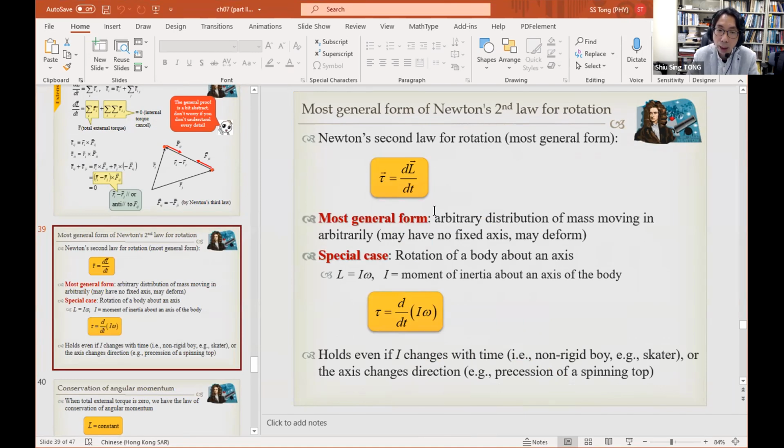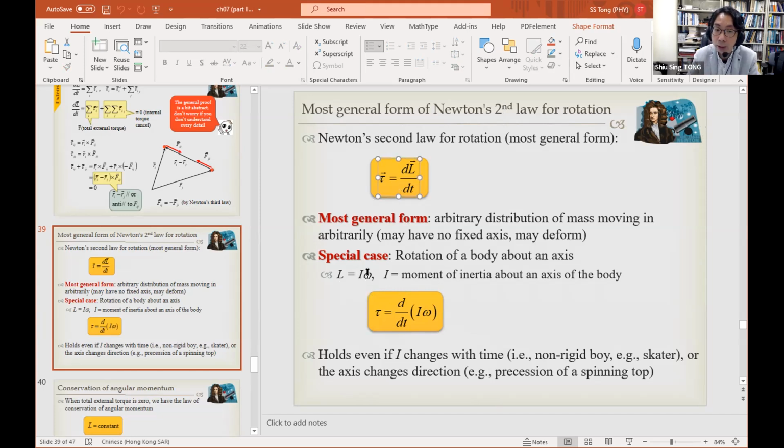In that case, L is reduced to I omega, where I is the moment of inertia about a certain axis, and omega is the angular velocity about that axis. So this is a simplified form of the most general form of Newton's second law of rotation.